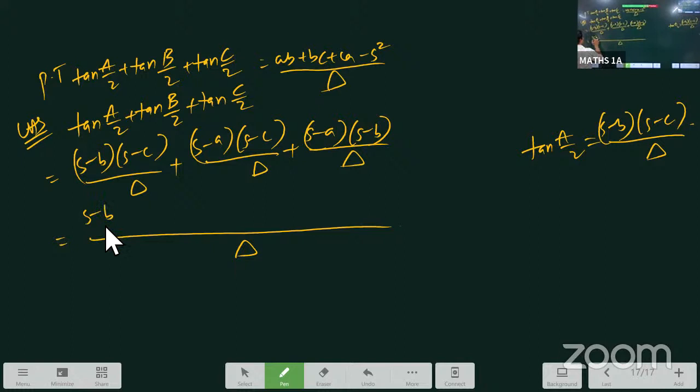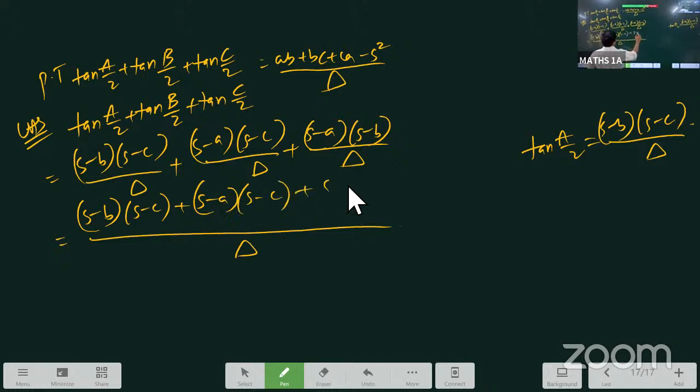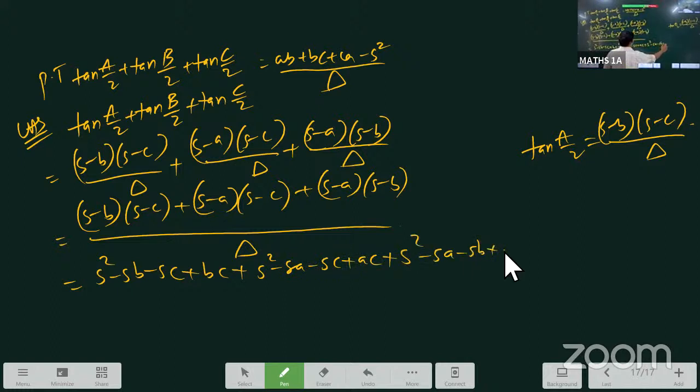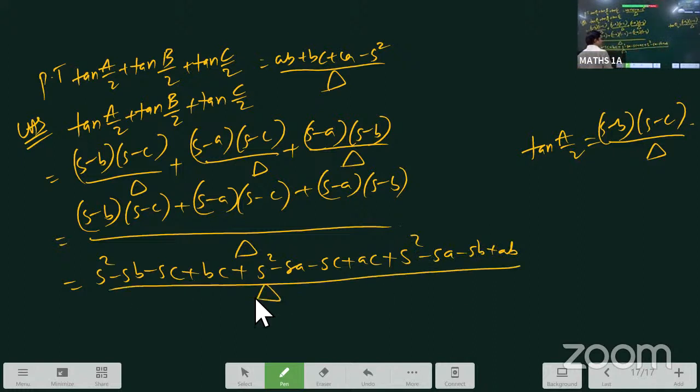So (S minus B)(S minus C) plus (S minus A)(S minus C) plus (S minus A)(S minus B). Now open the brackets: S square minus SB minus SC plus BC. Next, S square minus SA minus SC plus AC. Next, S square minus SA minus SB plus AB. It's all divided by delta.